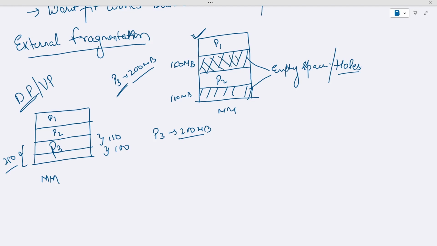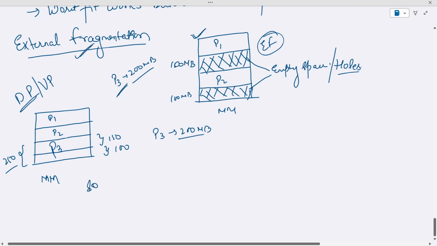So this space is wasted, and this waste of space is called external fragmentation. The solution is, if we put the already occupied space on one side and the free space on the other, then we can use the free space and overcome external fragmentation. I hope you understand external fragmentation and its solution.